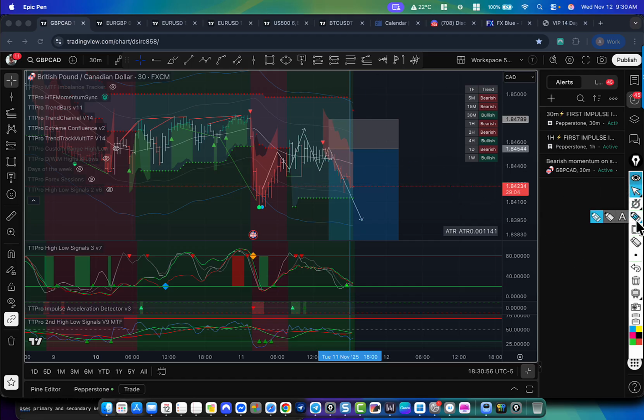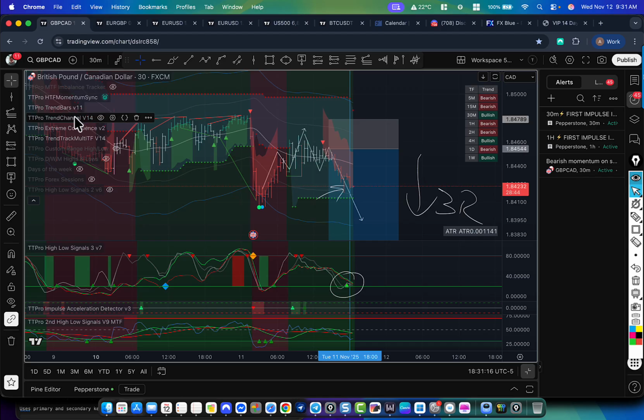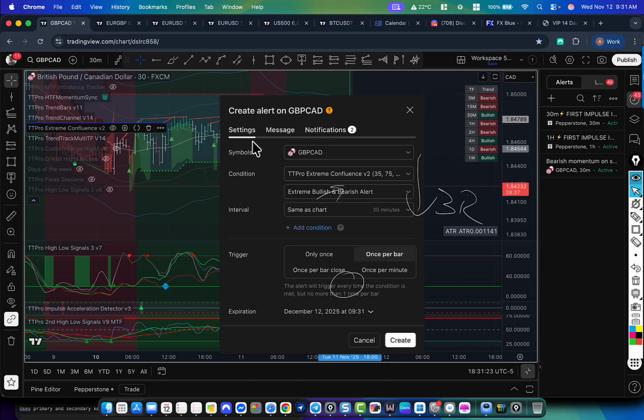The target, I would just take it out to 3R because we're going to be setting an alert to exit, and that could be one of the alerts to exit or take profit. So the exit alert: as soon as you take this trade and it's live, you come in here to this one, the confluence dots and little crosses 3, and the exit, once per bar.